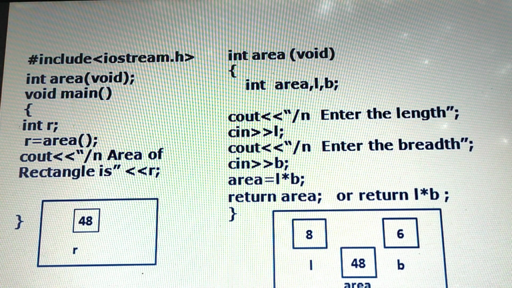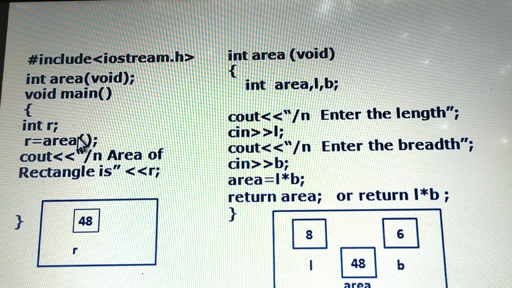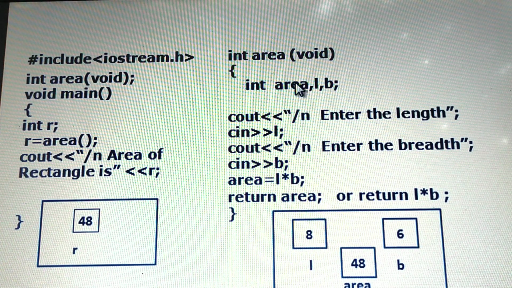Everything it will check. After all the checking is okay, if arguments are there it will pass them to the function area. If arguments are not there, it will just go to the function section. Here the body of the function will execute one by one.